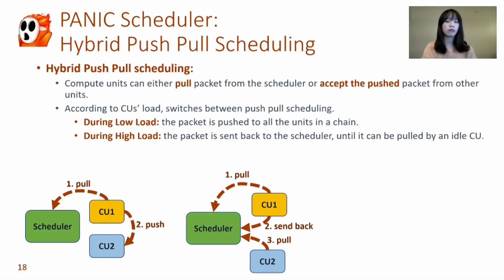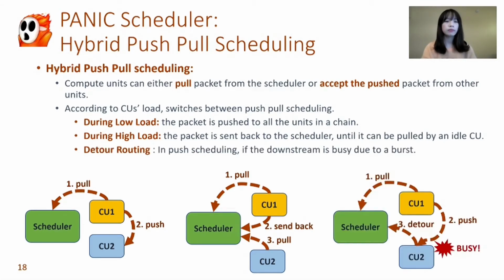This helps to achieve load balancing. In corner cases, it is possible that even if compute unit 2 in the figure below is in a low load period, when compute unit 1 pushes, unit 2 unluckily has no space to accept these packets due to a burst. So PANIC allows using detour routing to redirect this packet back to the scheduler and avoid packet dropping.